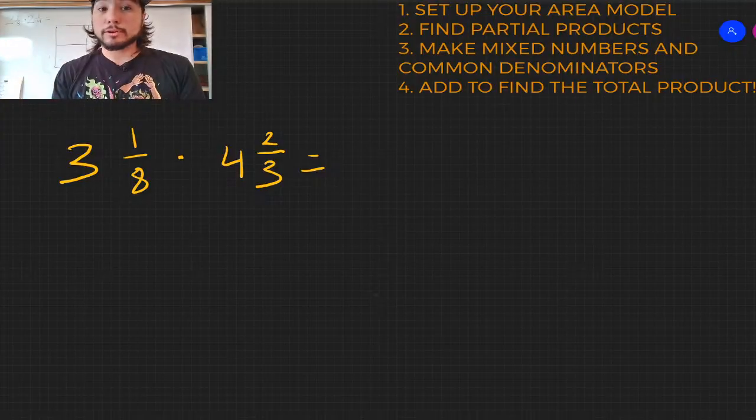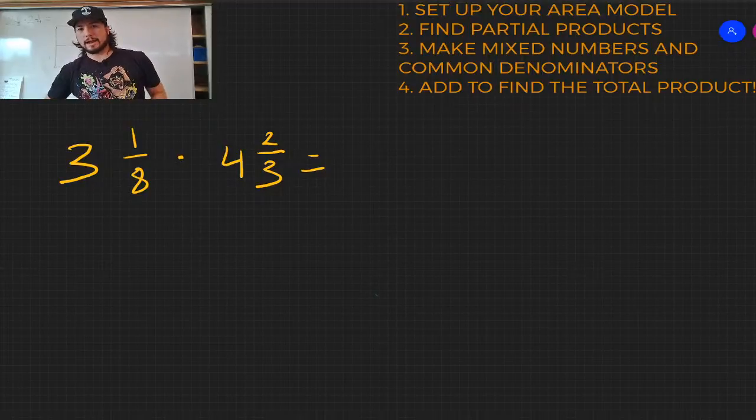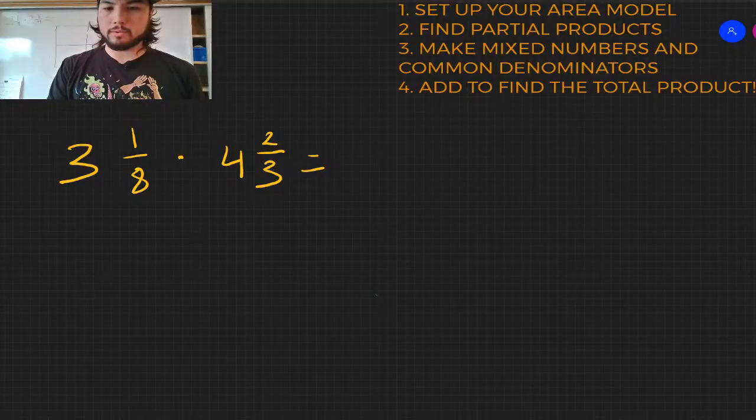After you've got your 4 partial products, before you can add them, you need to make sure that any fractions you've got have a common denominator. Okay? And if your partial products are an improper fraction, you might consider making it a mixed number before you add. Might make it a little easier to add whole numbers and proper fractions. You don't have to at that stage. You could leave it as an improper fraction and then add it and then make it a mixed number at the end. It's actually kind of a matter of personal preference in that regard.